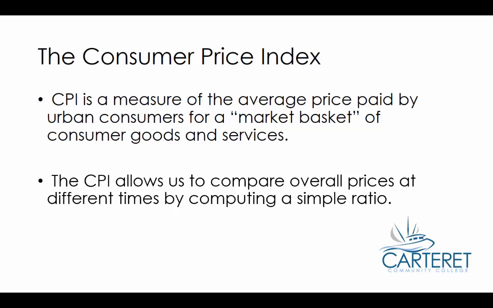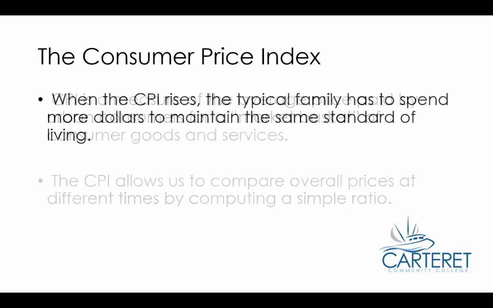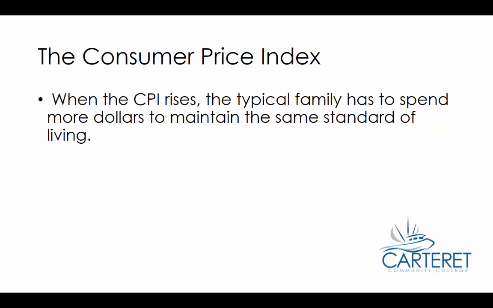The CPI allows us to compare overall prices at different times by computing a simple ratio. When the Consumer Price Index rises, the typical family has to spend more dollars to maintain the same standard of living.